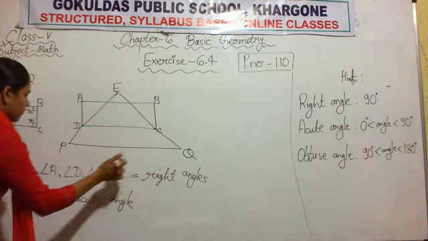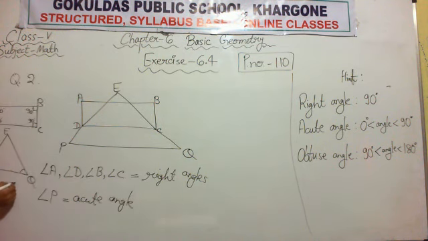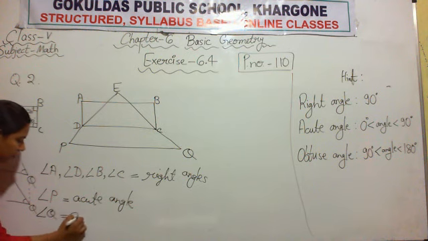Okay. Now observe angle Q. Angle Q is also less than 90 degrees, means angle Q is also an acute angle.